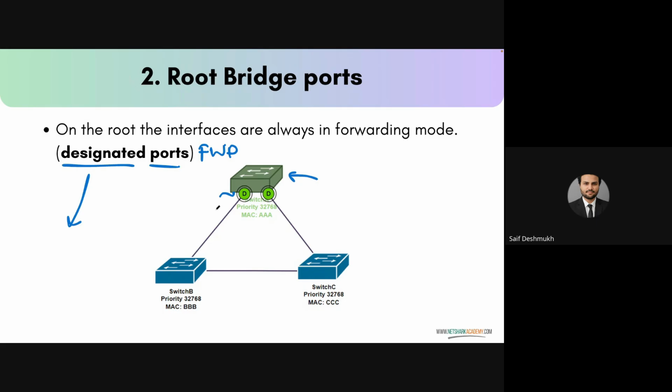Literally, that's the analogy. So the root says, I'm the king, I'm not supposed to block any interfaces, and that's what it does. It puts all the interfaces into designated. So designated is a role, and it is always in forwarding, FWD. Consider that. So this is one thing that the root bridge does in step number 2.